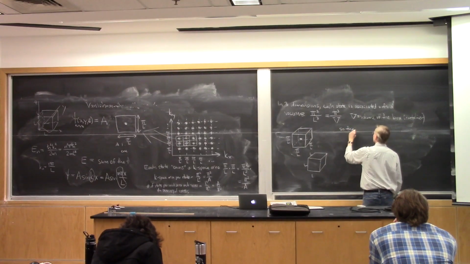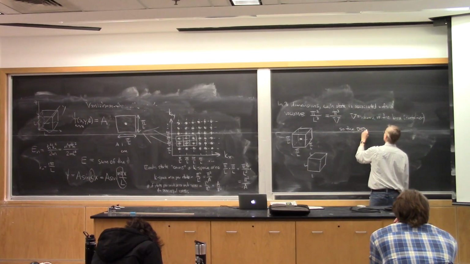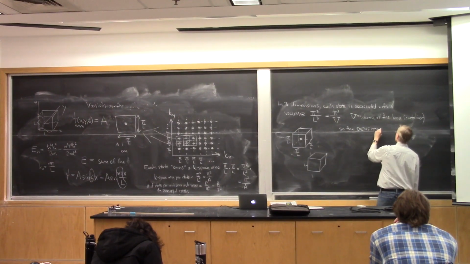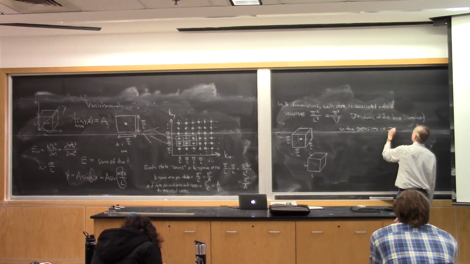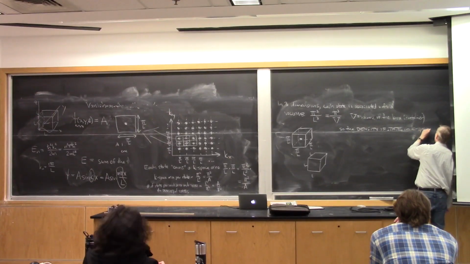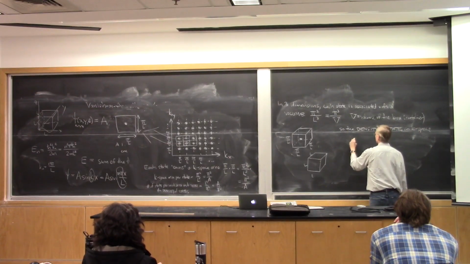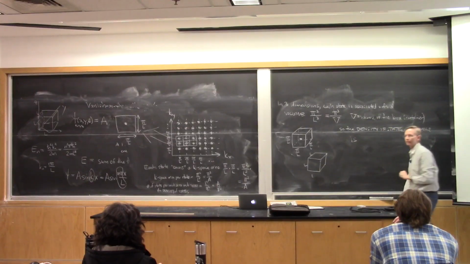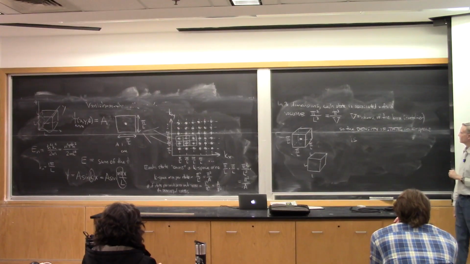So the density of states in K-space is what? What do we call the density of states in K-space?